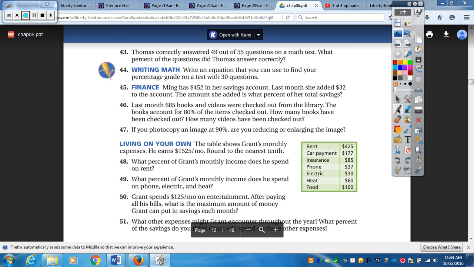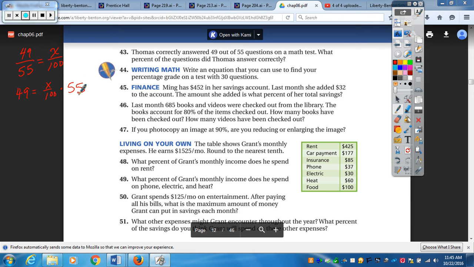So there's several different ways we could do this one. You can go ahead and say 49 out of 55 is what percent out of 100? The other way would be this: 49 is what percent of 55?